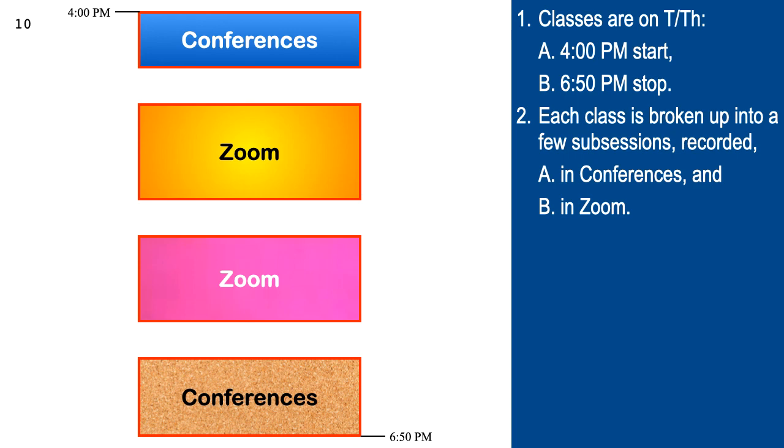Conferences has advantages. Zoom has advantages. There'll be little breaks of approximately 15 minutes between each session, and we might not have two Zoom sessions on a given day. We might have one big Zoom session, but it'll be roughly like this. We'll start at 4 and dismiss at 6:50 p.m., but we'll have kind of shortened sub-sessions to work with.